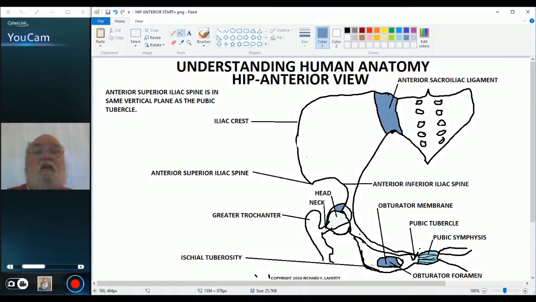And let me color that ligament in. And that is the iliofemoral ligament.